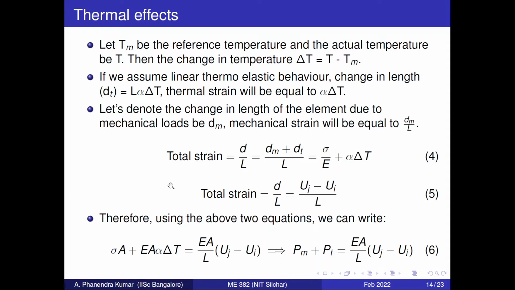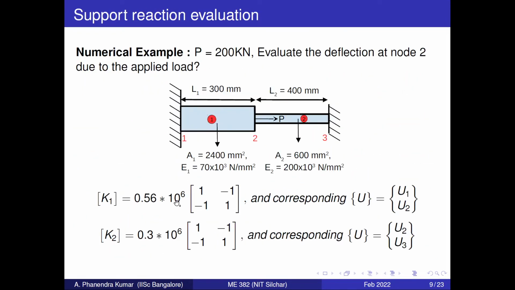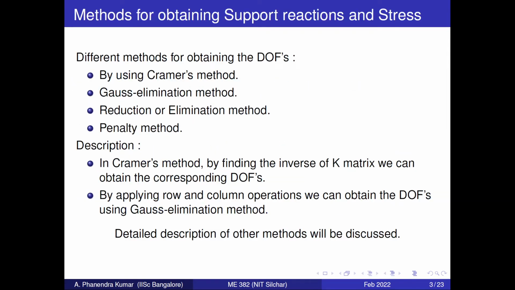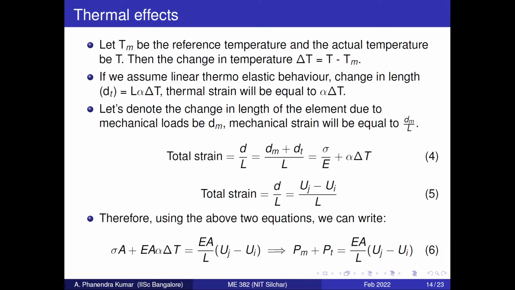We have seen previously, if we have a member making an angle beta, what the stiffness matrix will look like. I think in the previous class we discussed the stiffness matrix.